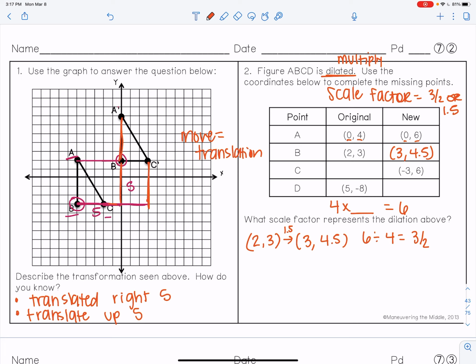You go ahead and multiply them both by your scale factor of 1.5, and 5 times 1.5 is your 7.5, and then -8 times 1.5 is -12.